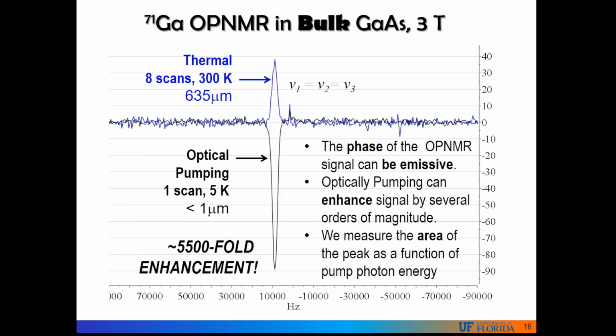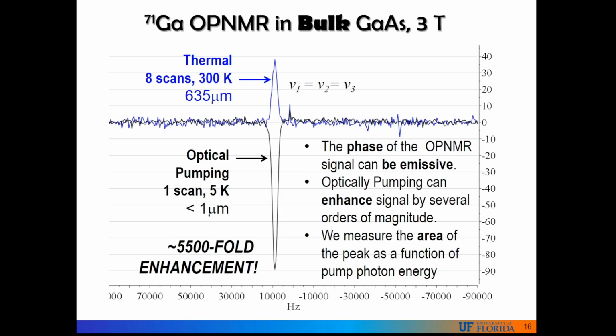When we do optical pumping, the signal is inverted. It's a consequence of the negative g factor in gallium arsenide. And you see the signal is quite a bit bigger. You have to think that the absorption length above the band gap is less than 1 micron, but you also have some exciton diffusion out to about 3 to 4 microns.